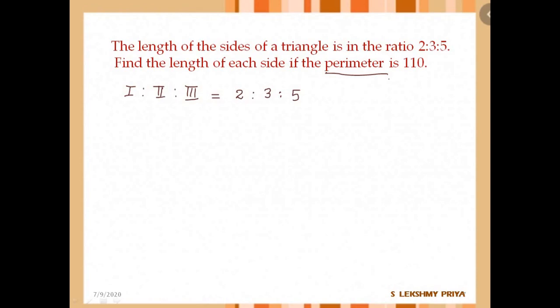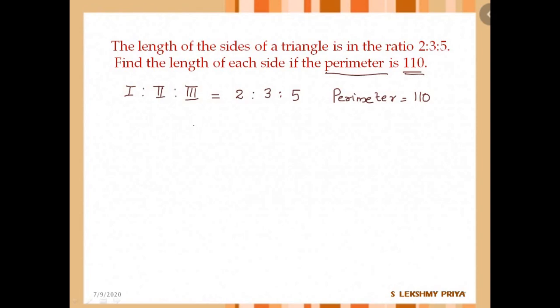Perimeter is the sum of the 3 sides together. Here it is the triangle given, that's why the sum of 3 sides. And the perimeter is given as 110. So let's write it. Perimeter is 110.